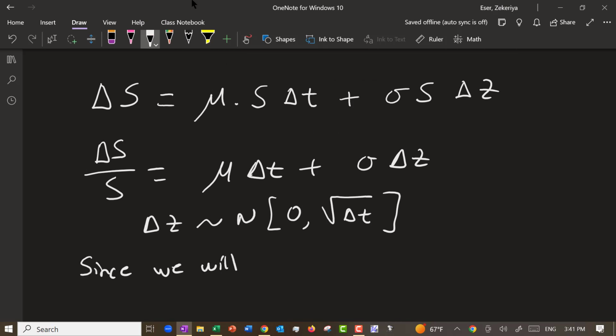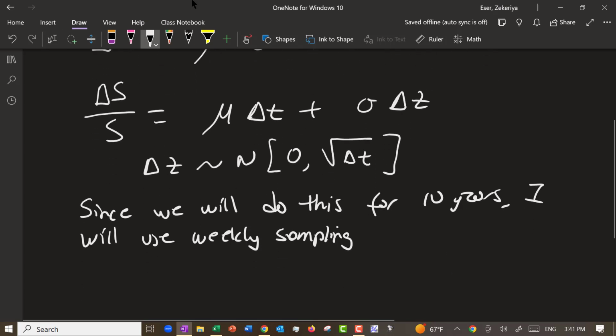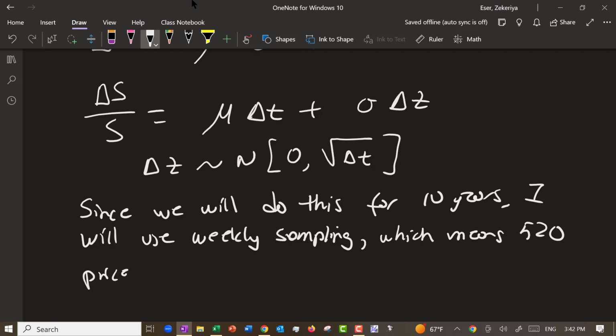Since we will do this for 10 years, I will use weekly sampling. Basically, for the averages, we're going to calculate the average of the weekly closes, for example, which means 520 prices.